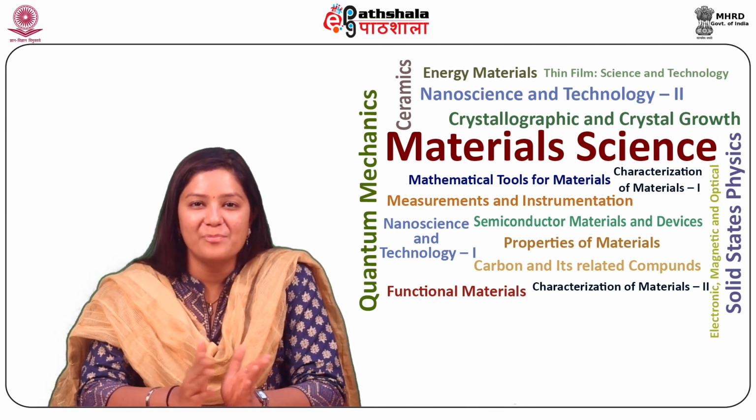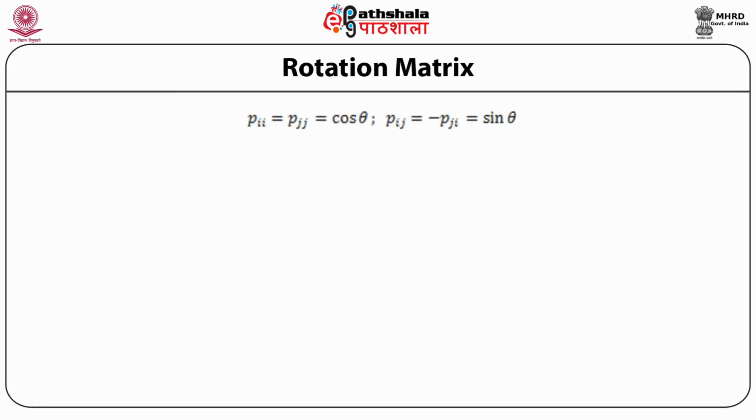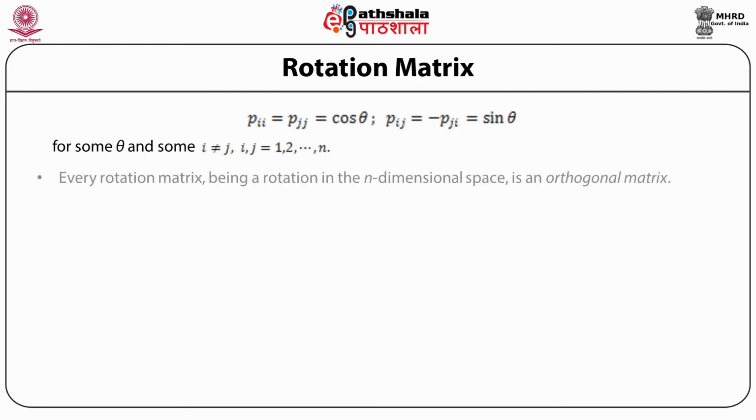Thus, our rotation matrix differs from a unit matrix in 4 elements. Pii equals Pjj equals cos theta and Pij equals minus Pji equals sin theta for some theta and for some i not equal to j, where i and j take values from 1 to n. Every rotation matrix, being a rotation in the n-dimensional space, is an orthogonal matrix.